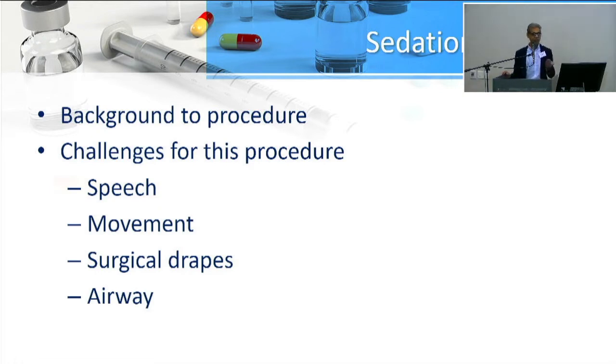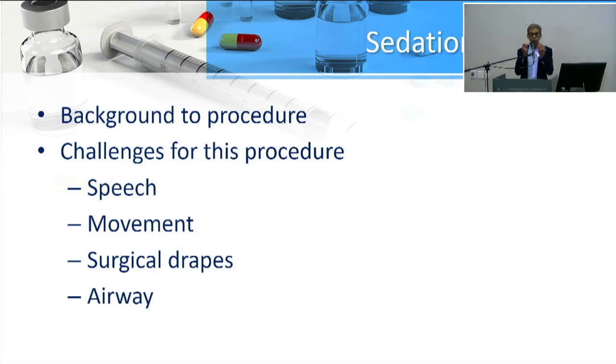So I devised a technique where I use a nasopharyngeal airway, and I cut the top off of the nasopharyngeal airway. Because it was going to be under the drapes, I put a suture through it, and I fed the suture under the drapes with an artery forceps. So in case the airway slipped too much, I can tug it back.